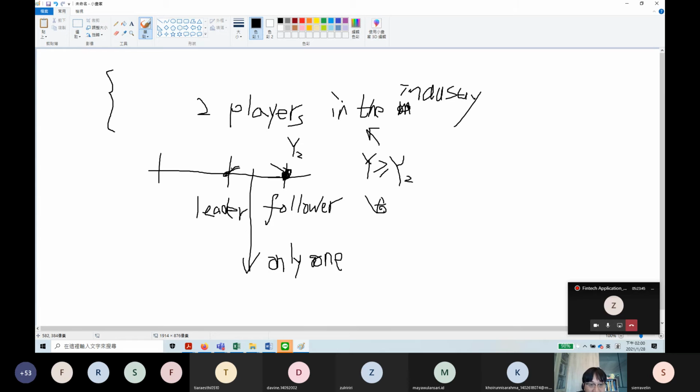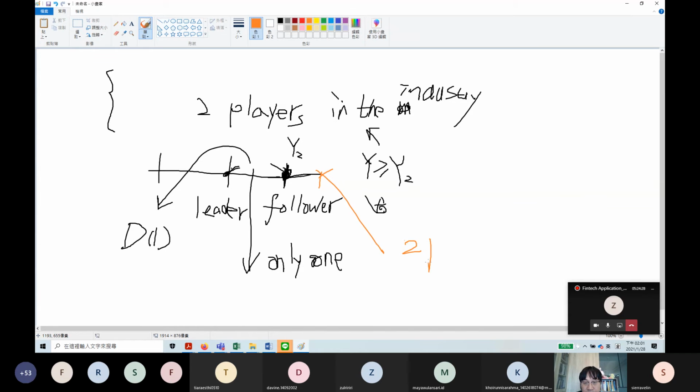So at this period of time, the leader gets all the profit, so we use D1. After this, the industry is shared by player one and player two, the leader and the follower, right?